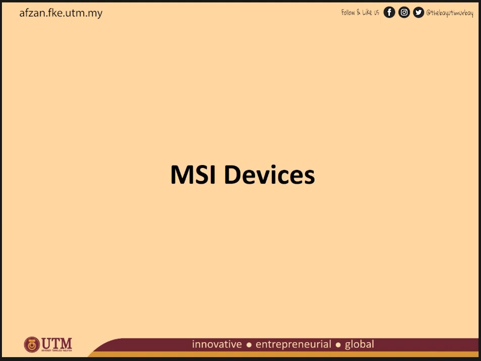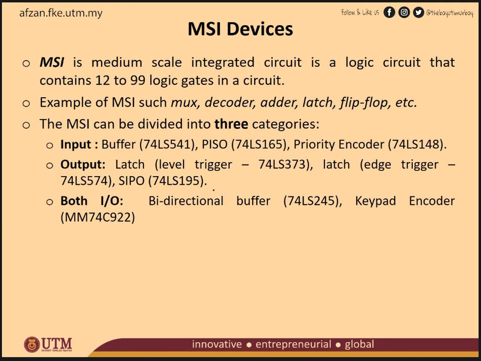Let's look at the introduction of MSI devices. MSI is a medium scale integrated circuit, which has a logic circuit that contains 12 to 99 logic gates in one circuit. Examples of MSI are multiplexer, decoder, adder, latch, flip-flop, and so on.